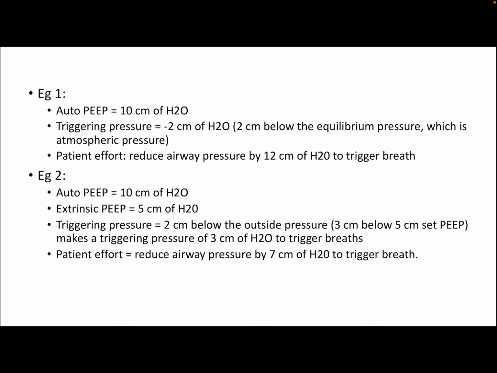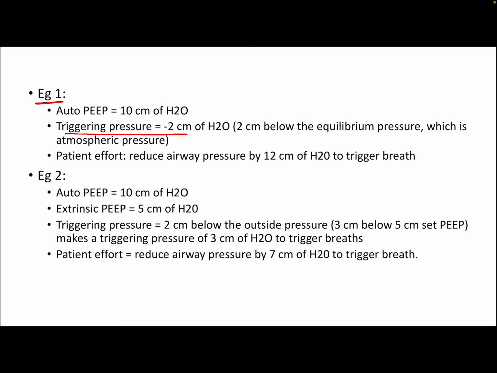For example, suppose we have set the trigger airway pressure that must be attained to trigger a breath as -2 centimeters of water. That is the trigger airway pressure. What this means is the airway pressure must be 2 centimeters of water lower than the atmospheric pressure, because atmospheric pressure is what the airway is in equilibrium with.